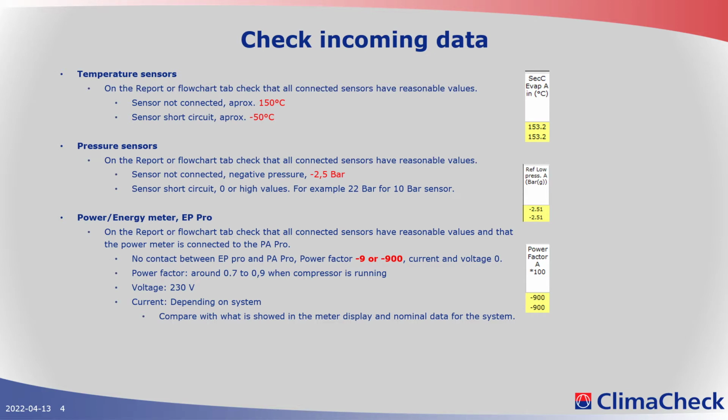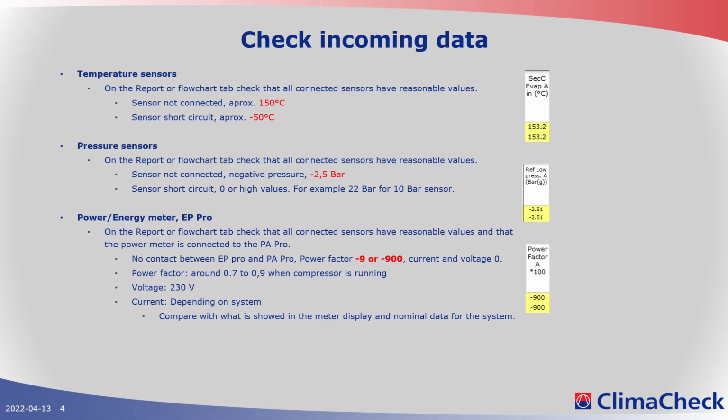The big challenge, as always, is the power measurement. Make sure that you have a reasonable current on all three phases, reasonable voltage on all three phases, and that your power factor is correct on all three phases and the total power factor. So typically in larger compressors, we would want to have power factors near nominal loads that are well above 0.9. Smaller compressors can go down to maybe even 0.6.